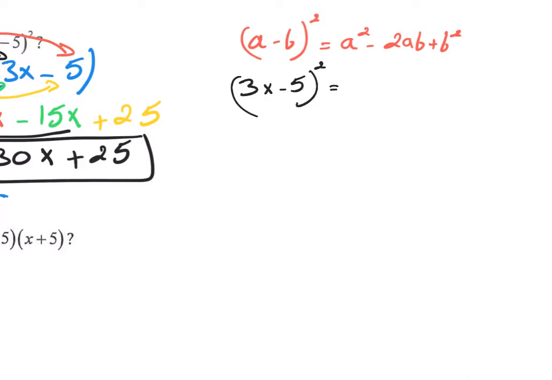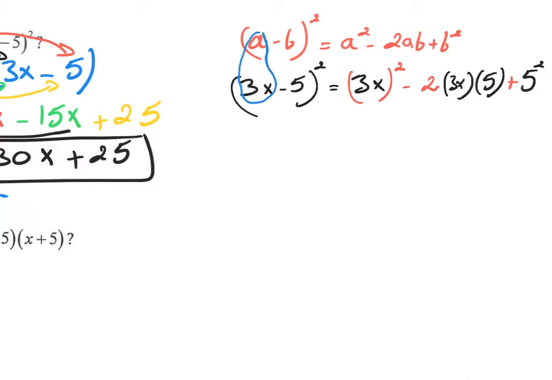It's going to be 3x squared, minus 2 times a, which is 3x, and b will be 5, plus 5 squared. So as you can see, a will be 3x and b will be 5, right?